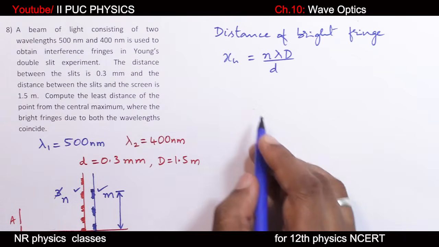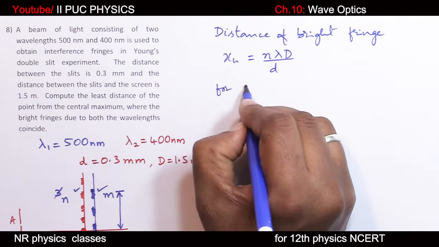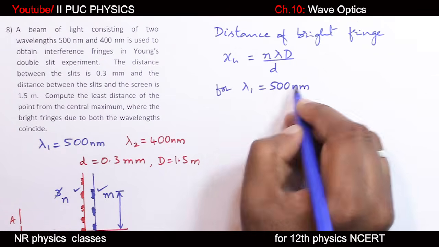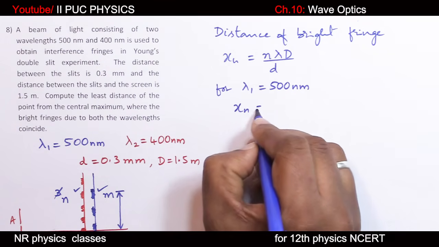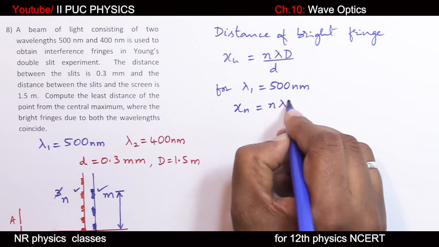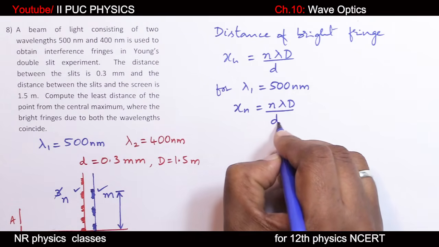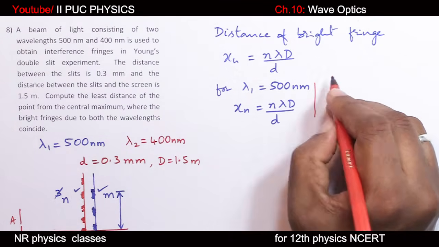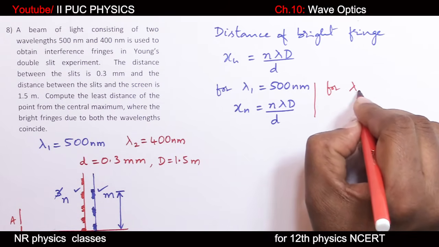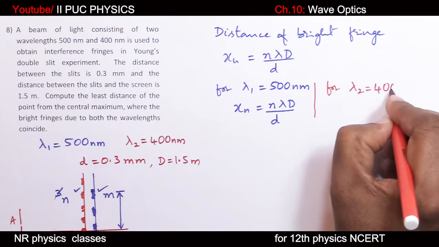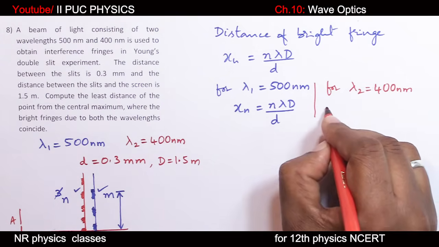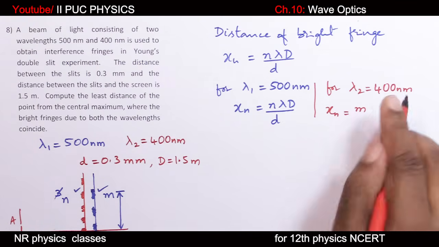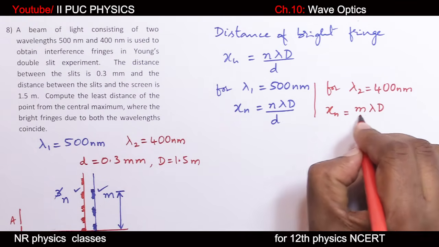Okay. For lambda 1 equal to 500 nanometer, Xn equal to n lambda 1 capital D by small d. For lambda 2 equal to 400 nanometer, same Xn but mth bright, m lambda 2 capital D by small d.